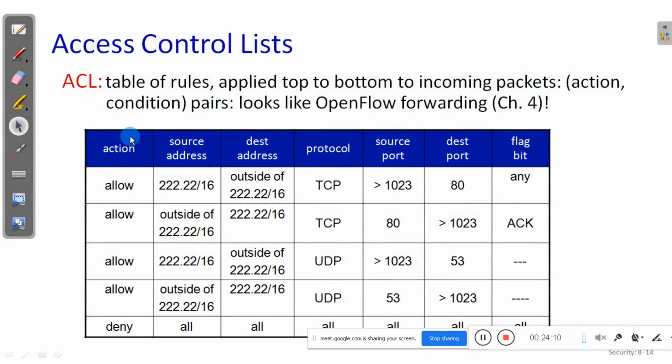The firewall mainly works based on the access control list, the ACL. ACL is a table of rules applied from top to bottom to an incoming packet. In the ACL, first they allow particular packets, allowing source and destination based on TCP or UDP and the port number. Finally, at the end, deny all.